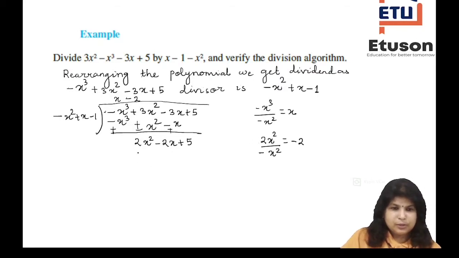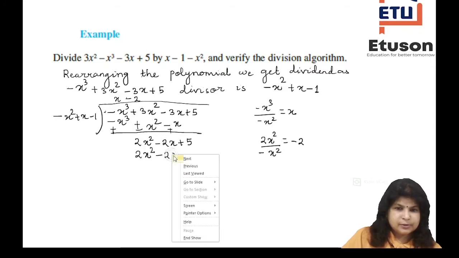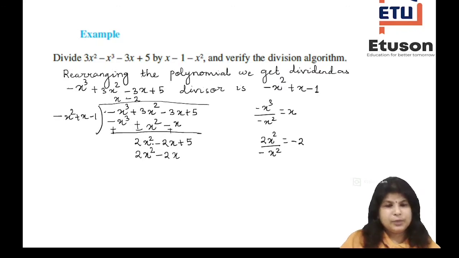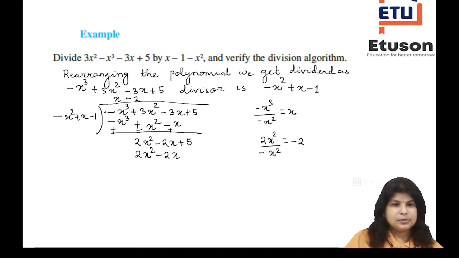If you write minus 2 here, you will get 2x square minus 2x plus 2.